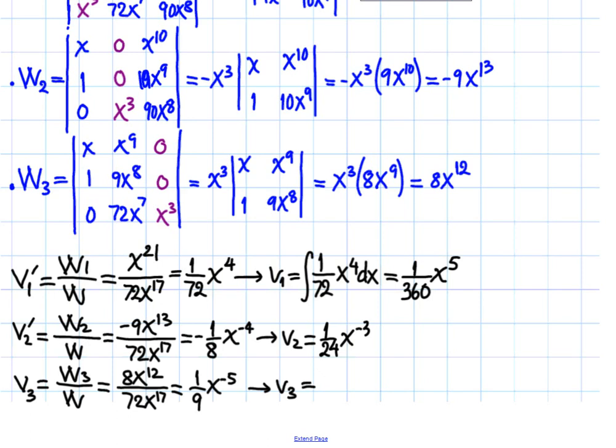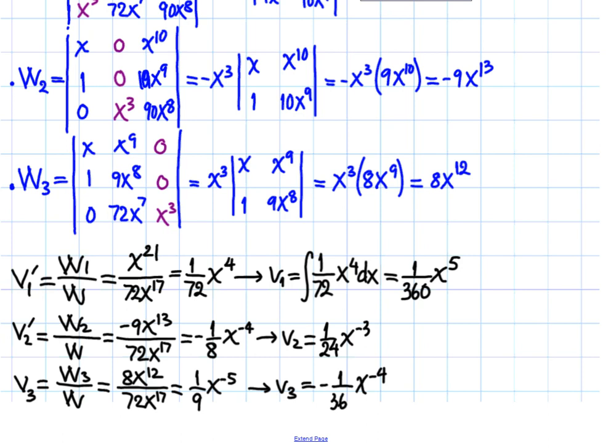We should have 1 over 9 times negative 1/4, so negative 1 over 36 x to the negative 4. So that is all the V1, V2, and V3.